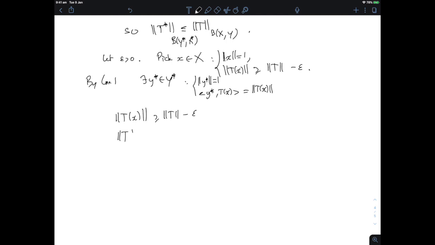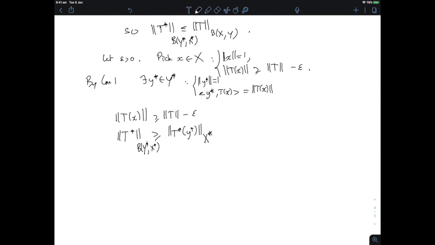And what can I say about the norm of T star? Well, the norm of T star is certainly greater than the norm of T star applied to y star. There's a lot of norms here. So this is the norm in the space of bounded linear maps from Y star to X star. This is the norm in X star, right? Of course, because y star, remember, is on the unit sphere, and this is the supremum of all the T star y star for all y star on the unit sphere.